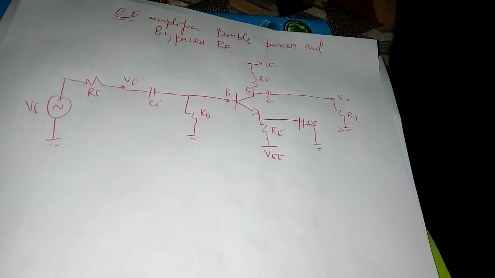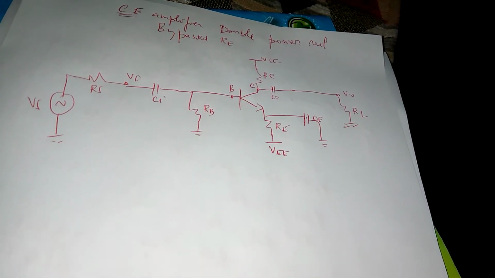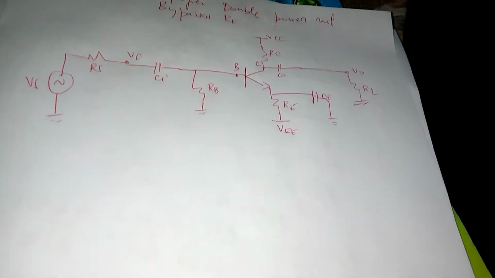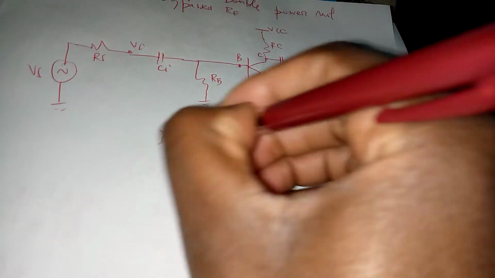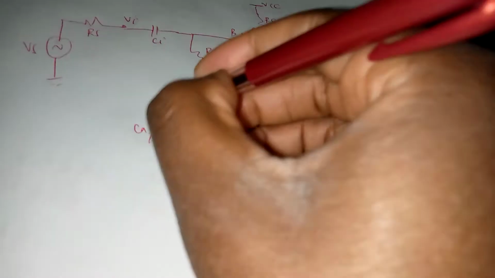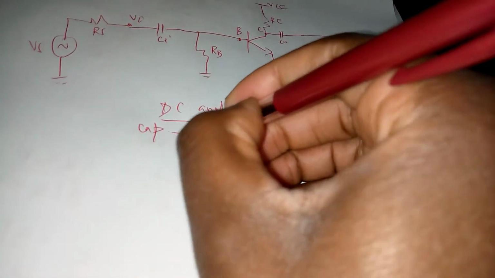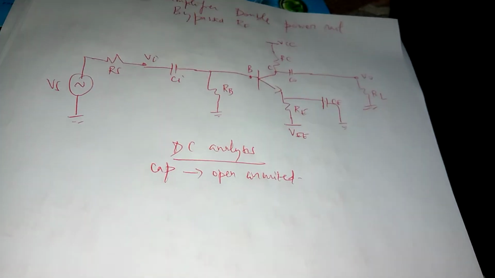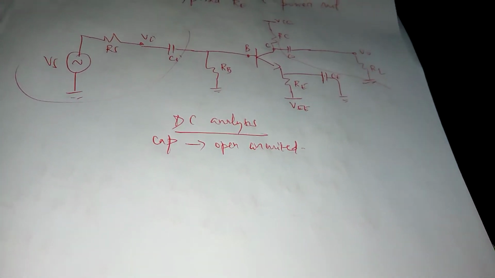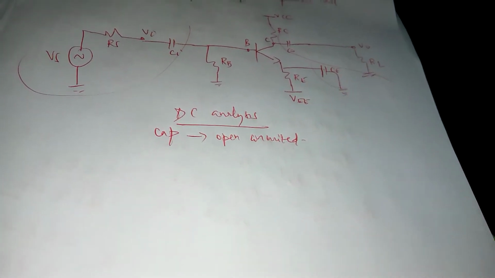Okay, so as I said, the biggest change is basically the DC analysis. Of course, in the DC analysis, capacitors behave like open circuits, making that part cut out, as well as that part, as well as that part.